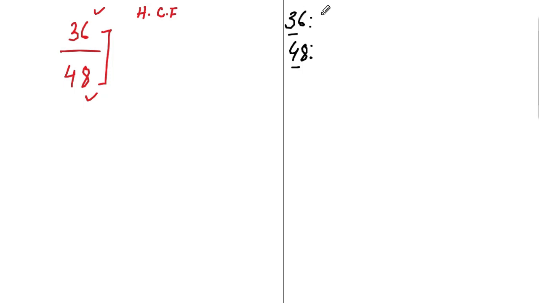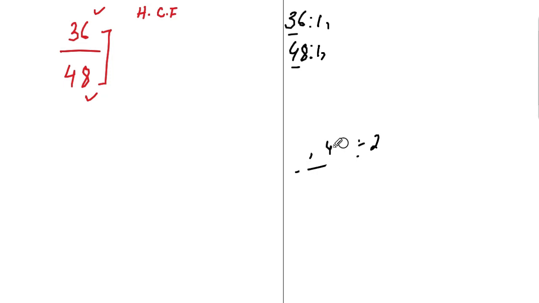Writing here the factors first. What are the factors? The numbers which can divide 36. For example, 1 is a factor of every number, and then going towards 2, because 36 and 48 are even numbers, so they can be divided by 2. All the even numbers can be divided by 2.